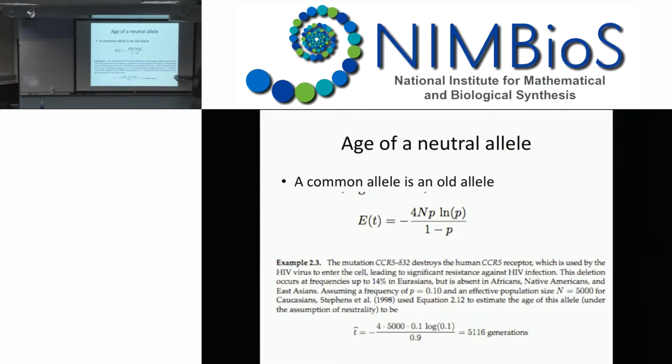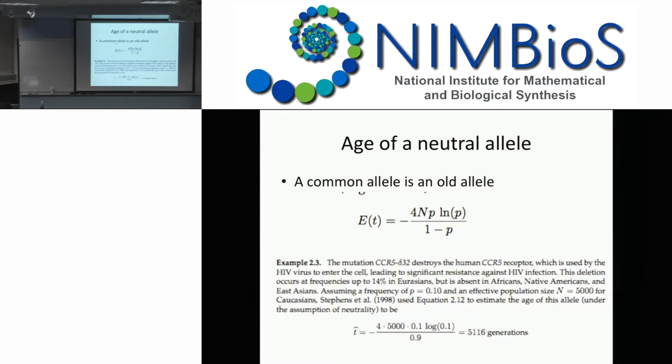This mutation, this deletion, occurs at about a 15% frequency in Europeans and Asians, but is absent in Africans, Native Americans, and East Asians. So if you assume a frequency of about 10% and an effective population size of about 5,000, then when you plug into this expression here, it says the age of that allele should be about 5,000 generations, with some pretty big standard error on that.